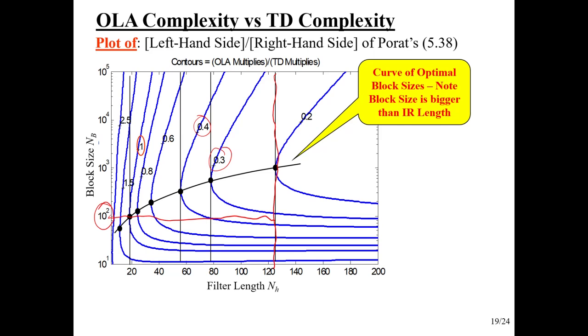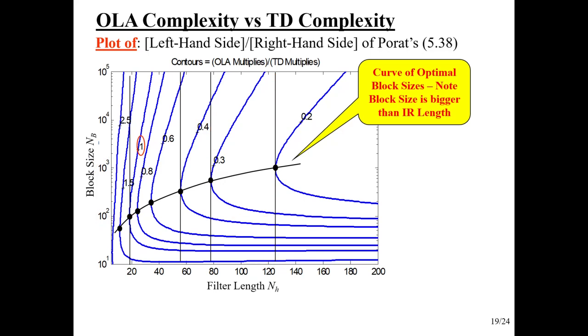But look, I could get better if I bumped that up to 1,000. Okay, well, that's the block size, not the FFT size. So we would need to pick a number near 1,000 such that when we add 124-ish to it, we get a nice power of 2. Where is that going to take us? Somewhere right around there. Look, we can find the tangent points.